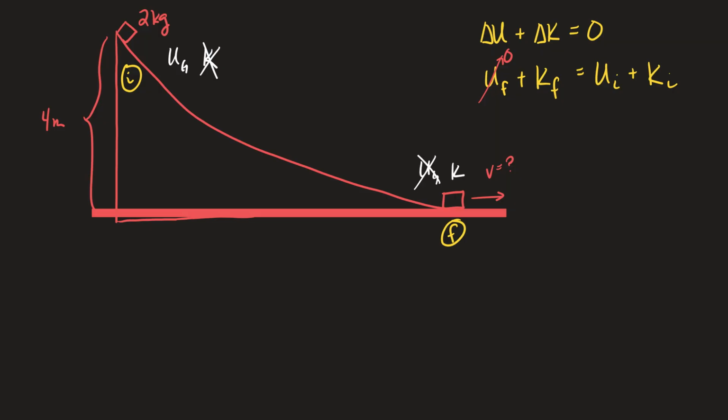So in this problem, it looks like we start with potential energy and end with kinetic energy. That suggests that we could write this as 1/2 mv squared for our final state, because there's no gravitational potential energy. And at our initial state, we have mgh. And there's no kinetic energy if it started from rest.